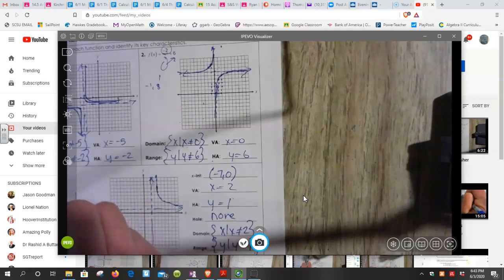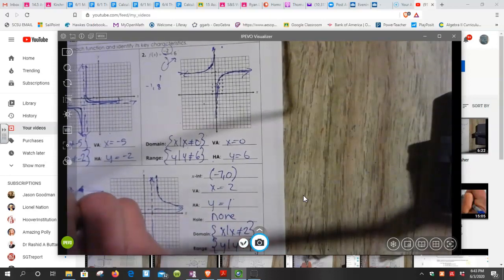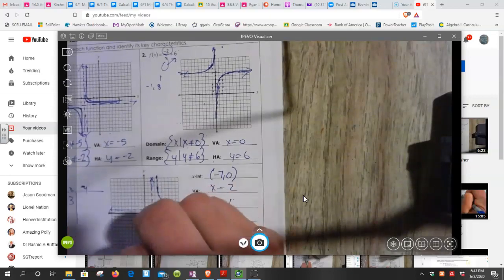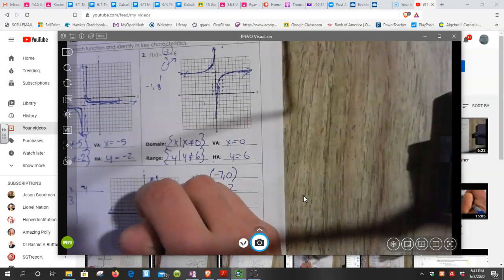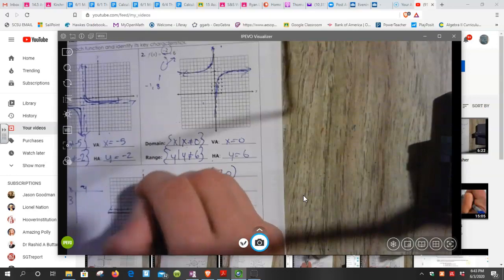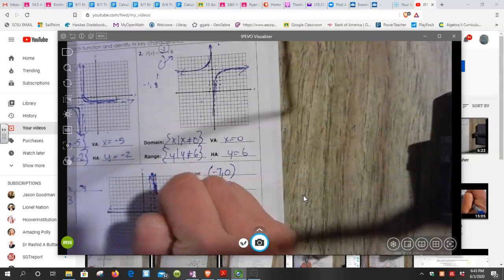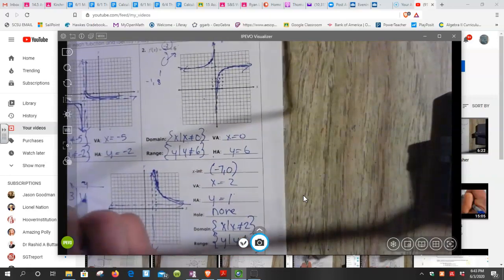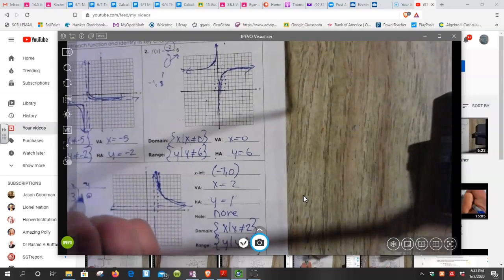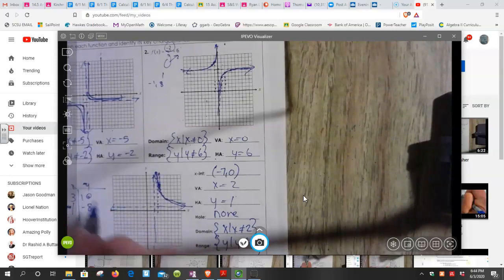So if you have x and y, you could put in like 3. So 3 would be 10 over 1, so 3 would be 10. So you get the idea. So make it nice and steep. The more precise you make it, the better. So let's say 1. 1 would be 8 over negative 1, so 1 would be negative 8.